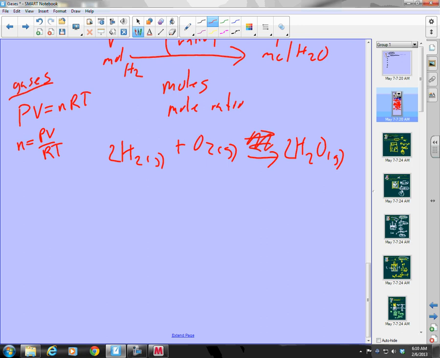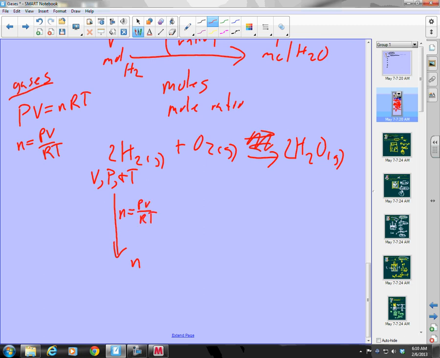Cool. So that means I don't have to go from grams to moles. That means, what can they give me for a gas? Well, they can give me a volume, a pressure, and a temperature, and what can I do? I can take a volume, pressure, and temperature and convert that to moles using n equals PV over RT.